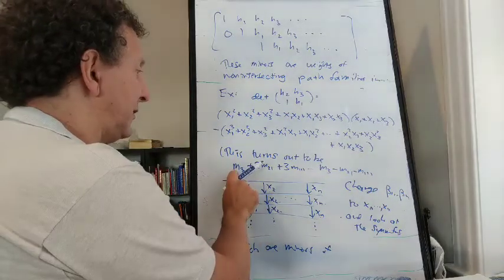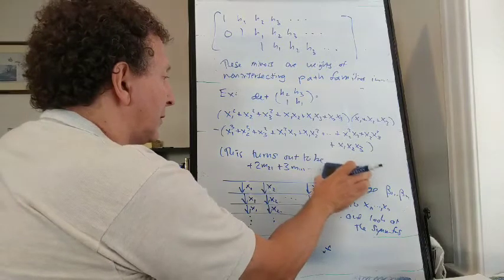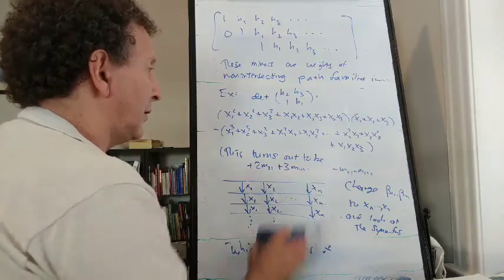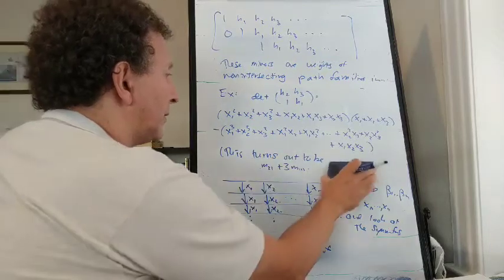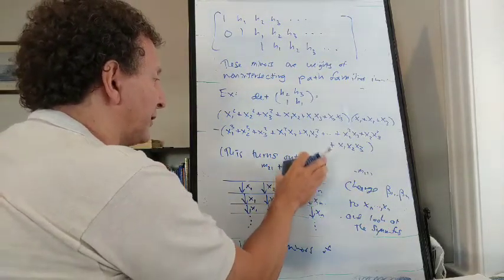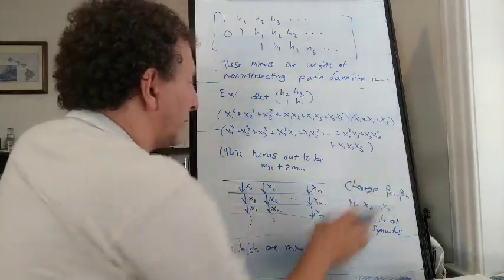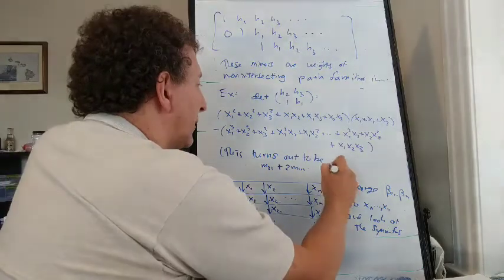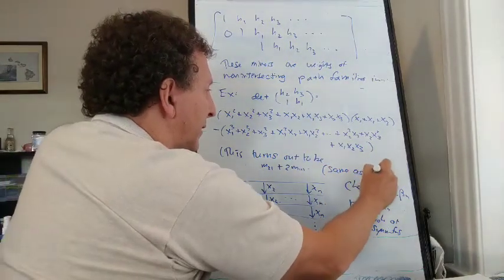So no m3s. One of these 2 m21s goes away. And then one of these m111s goes away. So we have 2 of those. Which happens to be the same as last time.